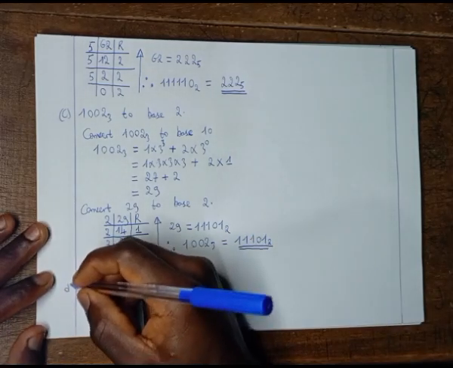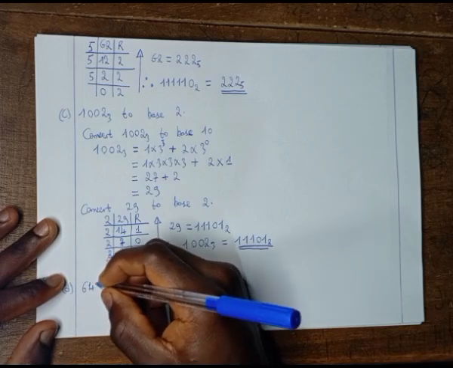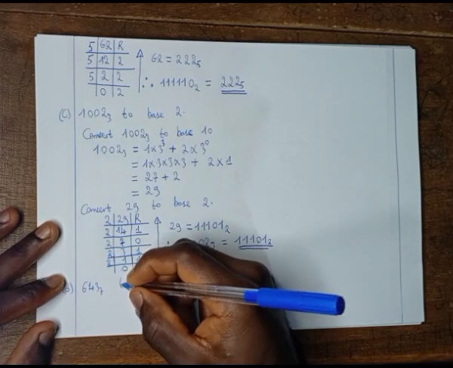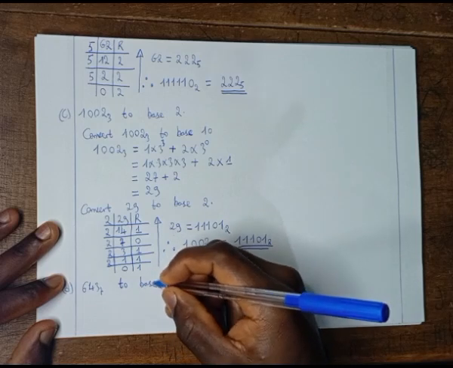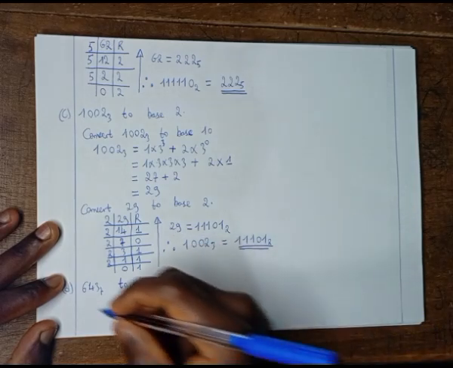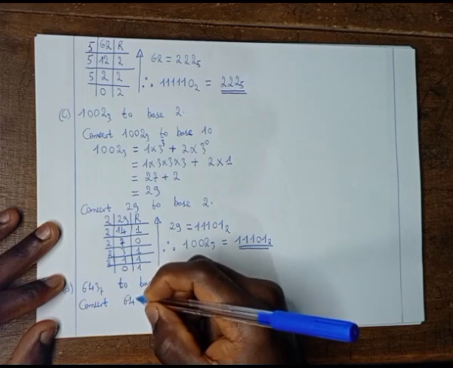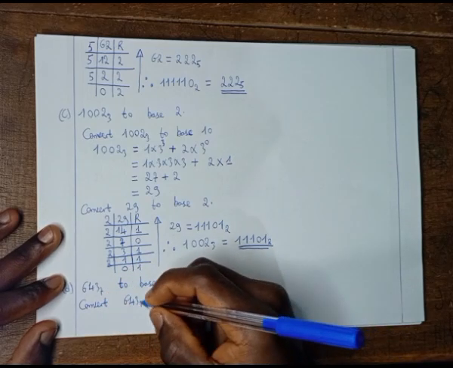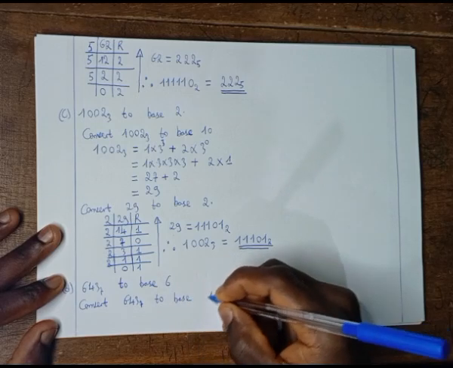Now we go to question D. For D, we have the number 643 in base 7. We have to change this number to base 6. First thing, we need to convert the number 643 in base 7 to base 10.